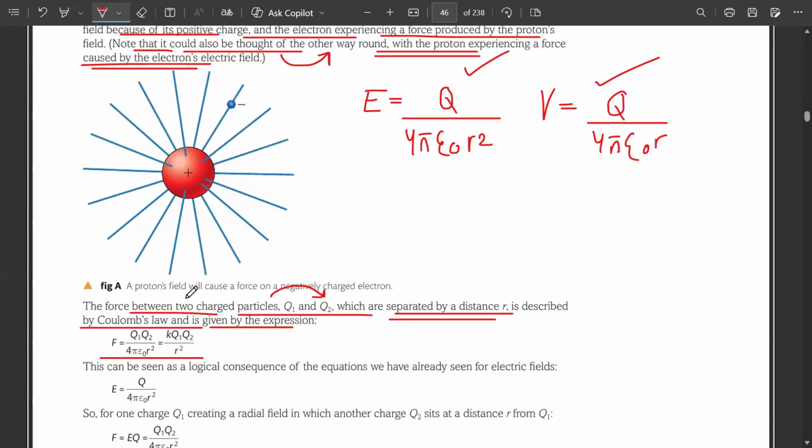Now we are going to talk about finding the electric force. हम क्या find करने वाले हैं? Finding the electric force between two charges. तो हम क्या लिखेंगे? q1 multiplied by q2 divided by 4 pi epsilon naught r square. This formula is used to find the force between the two charged particles. एक charged particle is known as q1 and the other charged particle is known as q2.